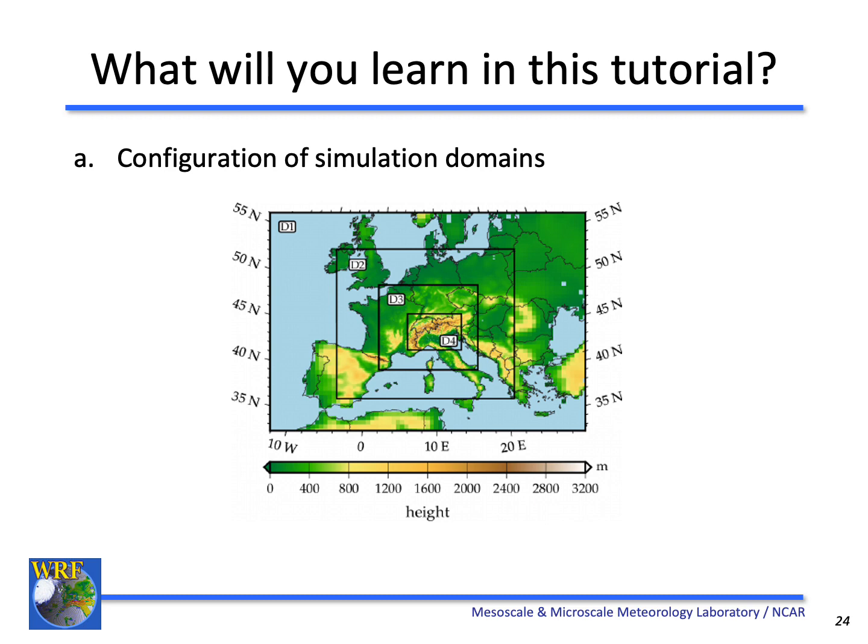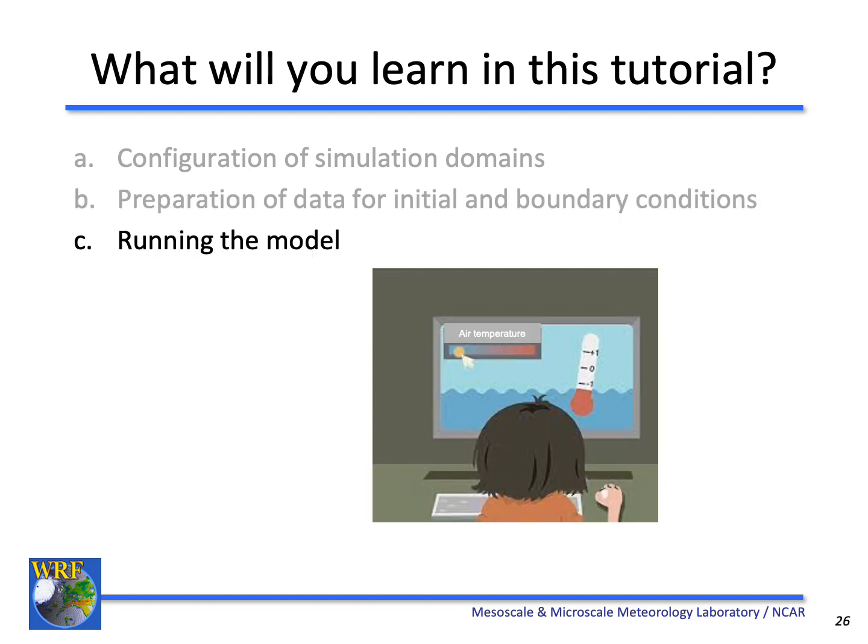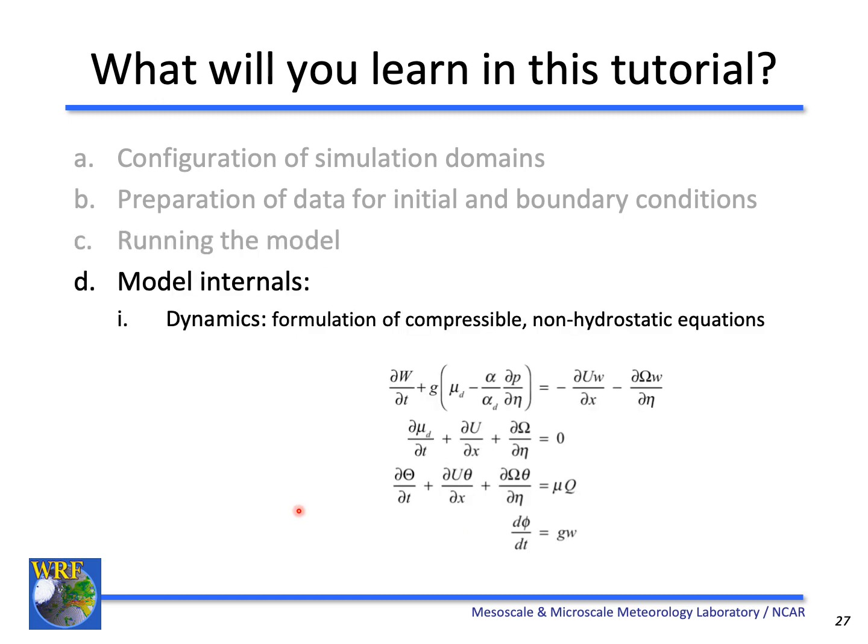So what we're going to learn in this tutorial: we're going to learn to set up the simulation domains. We're going to learn how to process data and prepare initial and lateral boundary conditions for the model. We will learn how to run pre-processing programs as well as the model. We are going to learn how the model works.